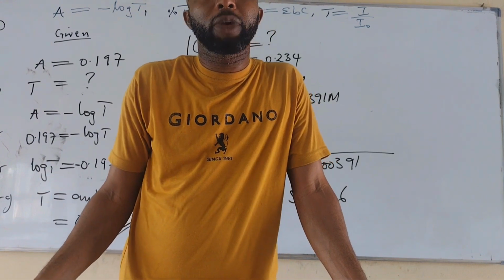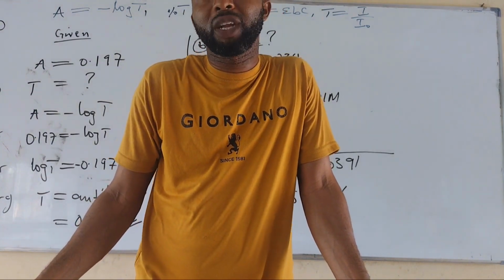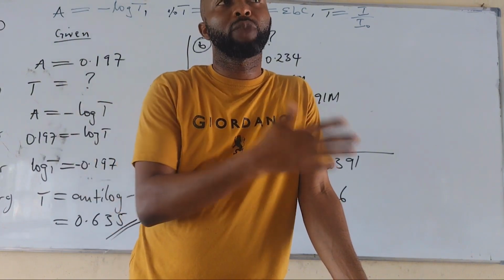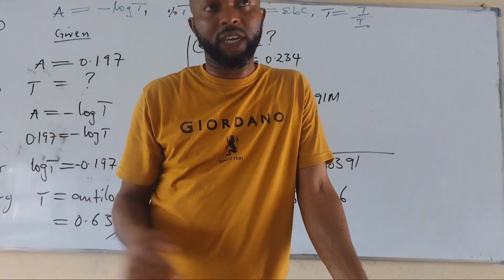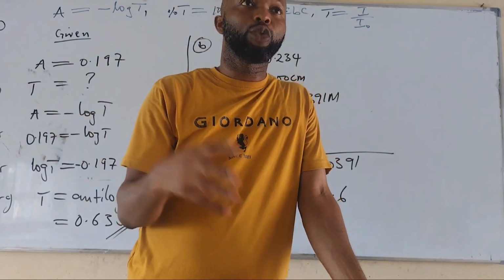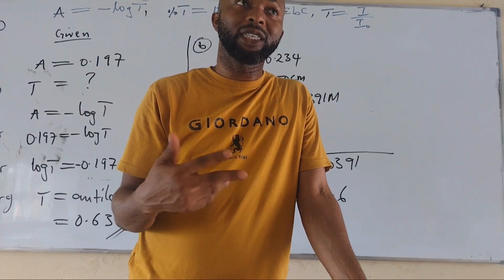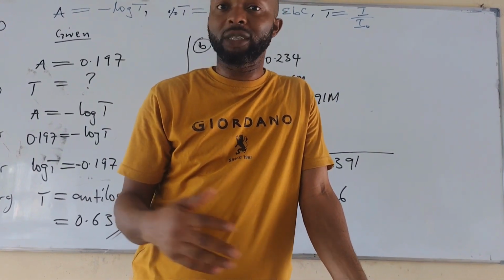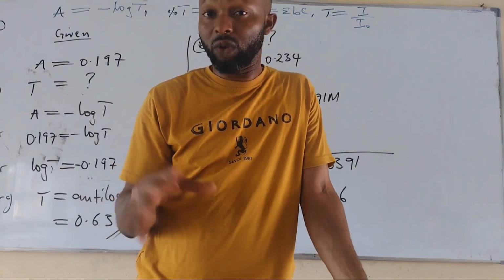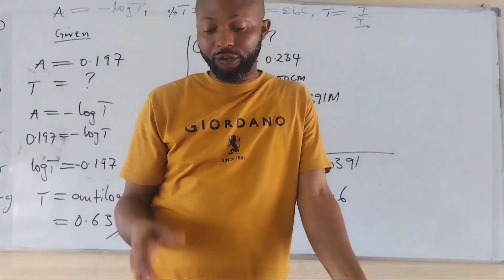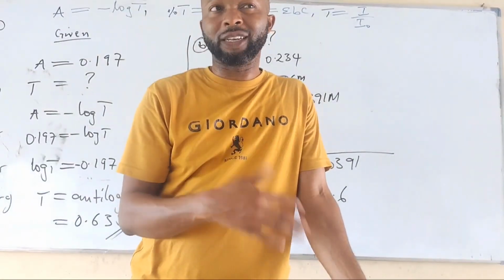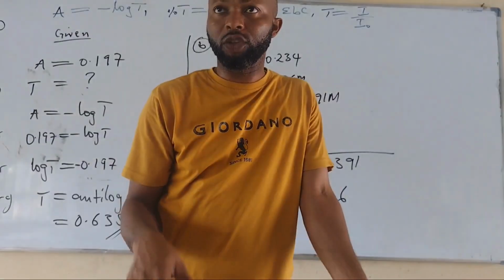We also remember some other formulas: transmittance equals I over I naught, percentage transmittance is 100 times transmittance, and absorbance equals minus log of transmittance. When we have these formulas handy, we can easily deal with whatever we want. All these things are associated with the Beer-Lambert law. There are a whole lot of other questions, but for the purpose of understanding, I believe with what we've solved so far, we can tackle any question that has to do with the Beer-Lambert law.